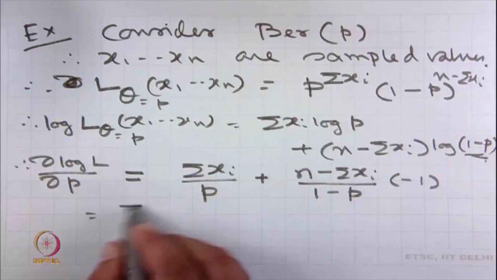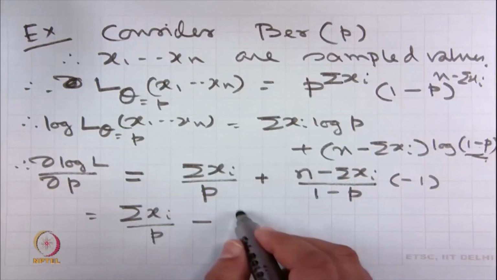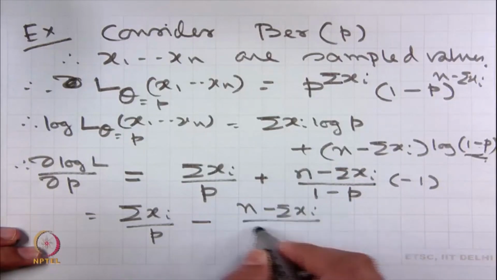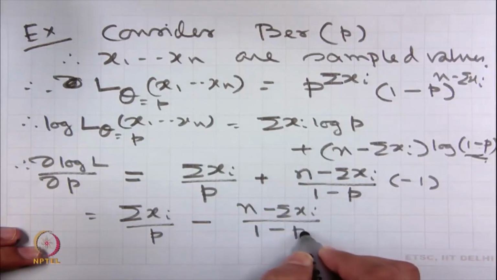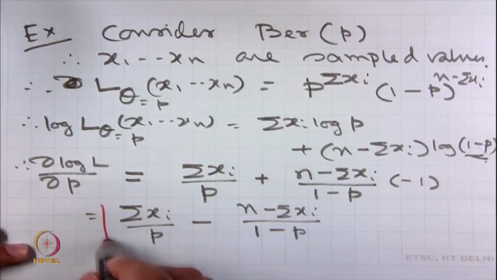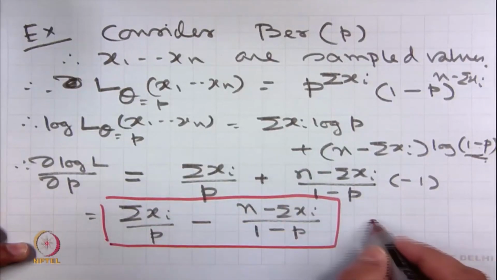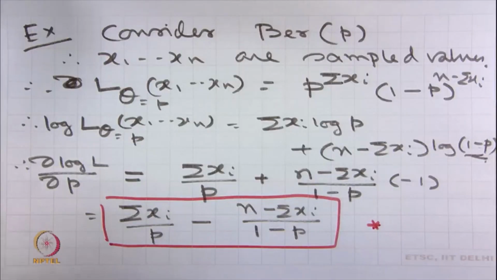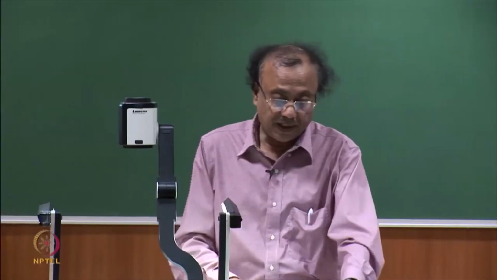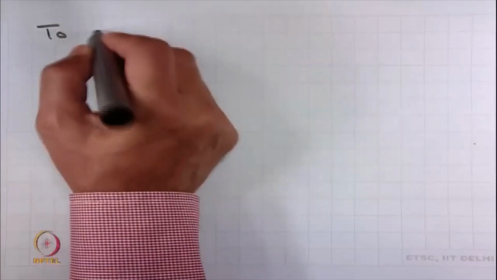This is equal to sigma xi upon p minus n minus sigma xi upon 1 minus p. So, this is star.